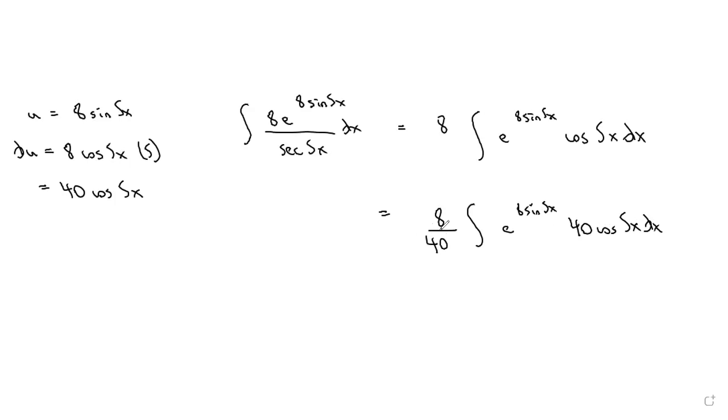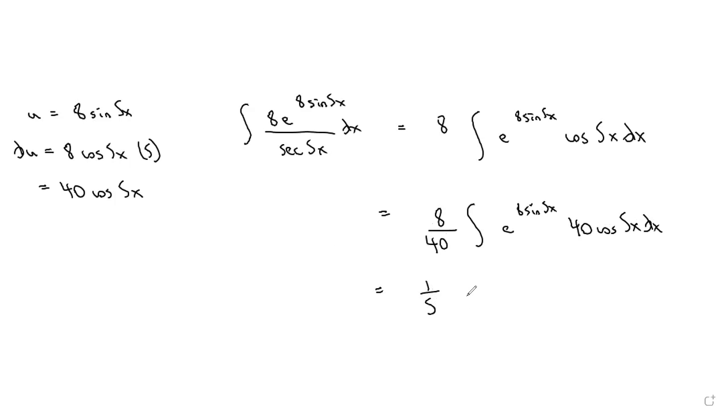Good. Okay, and now 8 over 40 is, I guess that's just 1 over 5, right? Is it 1 over 5? Again, my arithmetic is always extremely bad. Yeah, that's just 1 over 5. So let's just reduce that to 1 over 5 at this point.